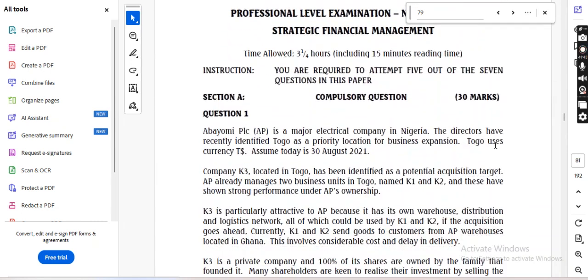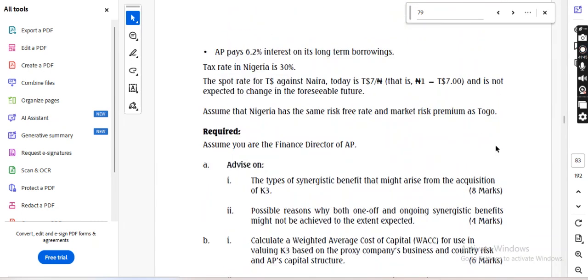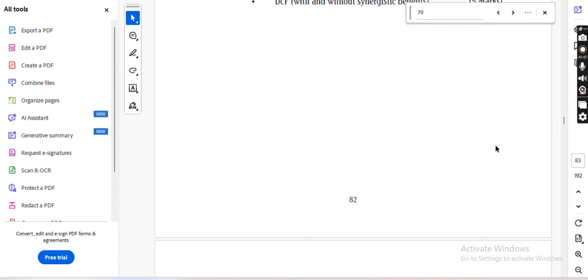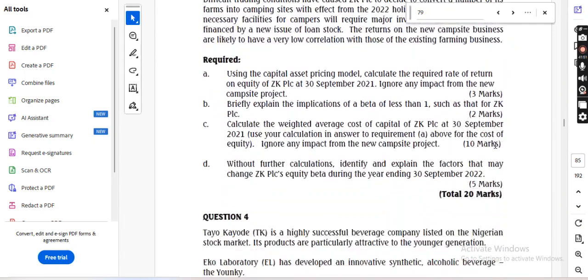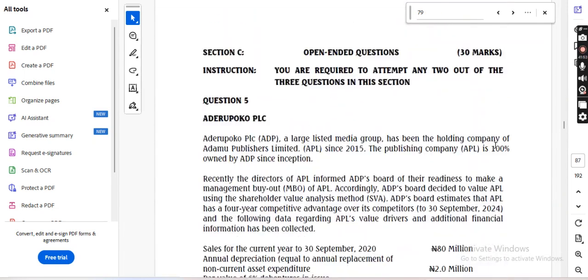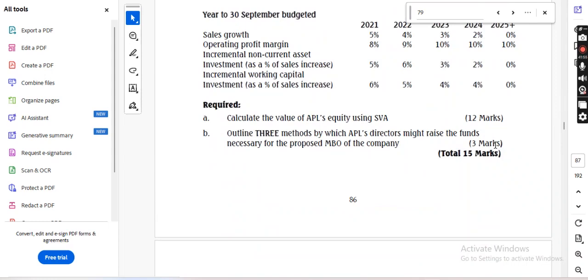Okay, sir. Do you get that? Required. A. Calculate the value of APL's equity using SBA. B. Outline 3 methods by which APL's directors might raise the funds necessary for the proposed MBO of the company.